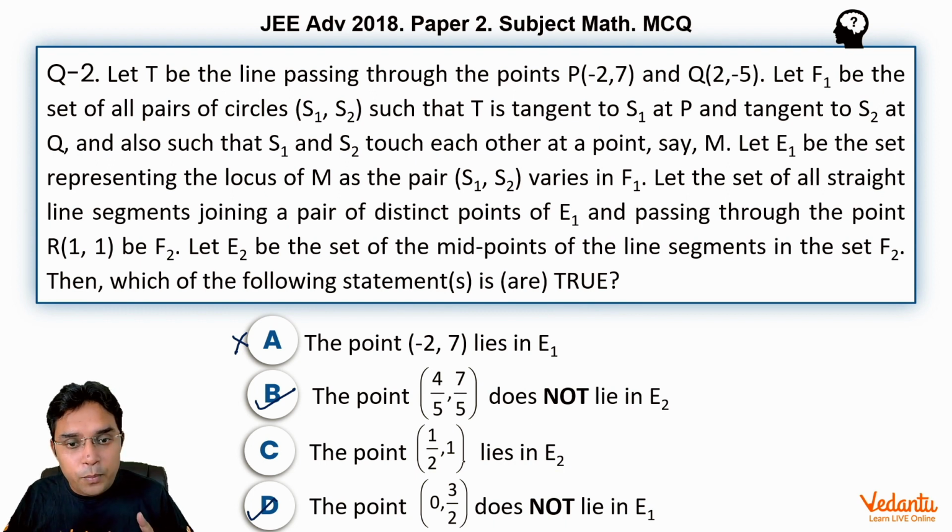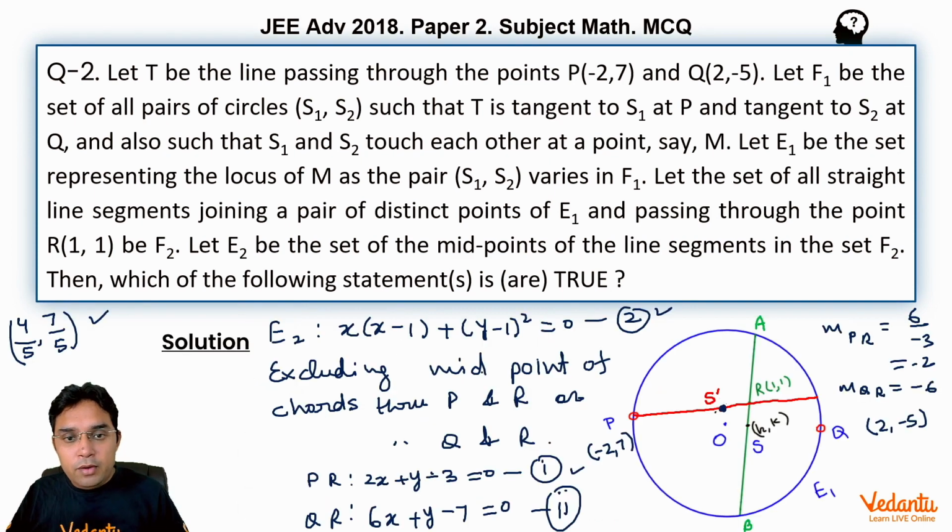Now coming to option C. Point (1 by 2, 1) lies in E2. If we put it in this equation, we can check half into minus half, so minus 1 by 4, and this is 0, so it is not satisfying E2.